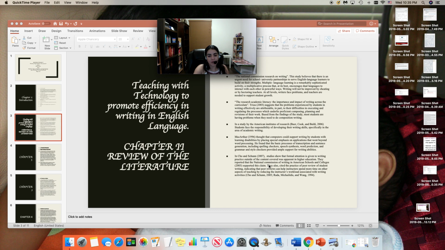The research on academic literacy, the importance and impact of writing across the curriculum, 2003, suggests that the problems experienced by students in writing effectively are attributable, in part, to their difficulties in executing and regulating the processes which underlie proficient composing, planning, and revision of their work.